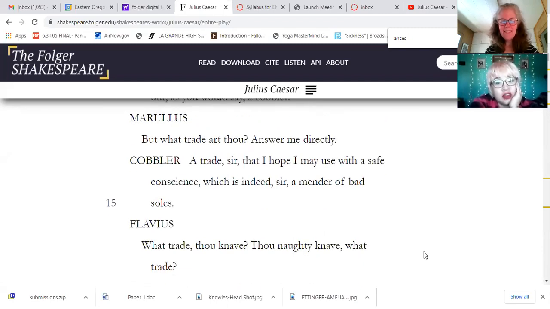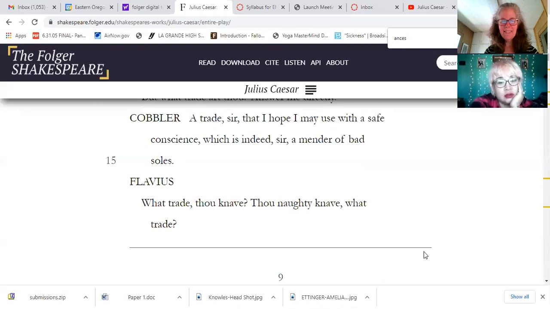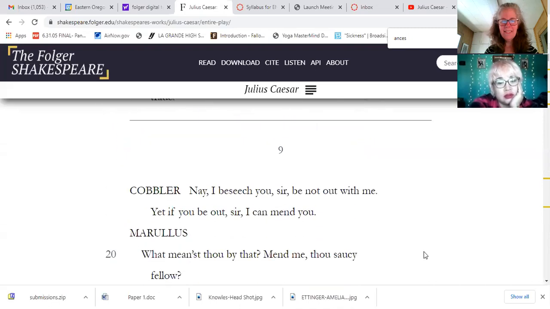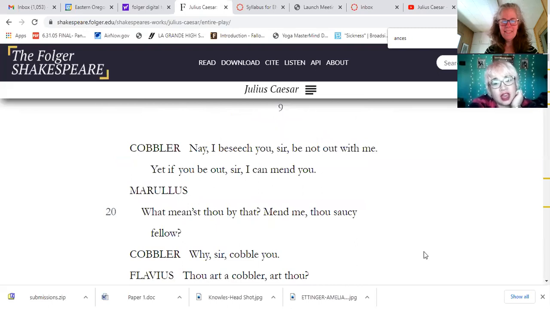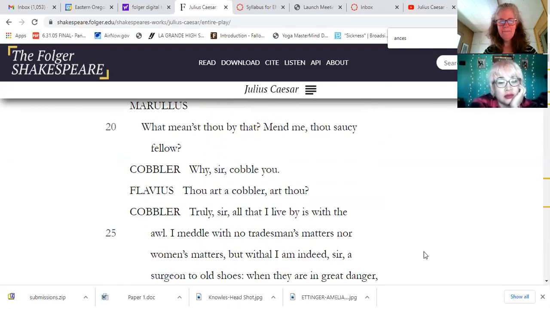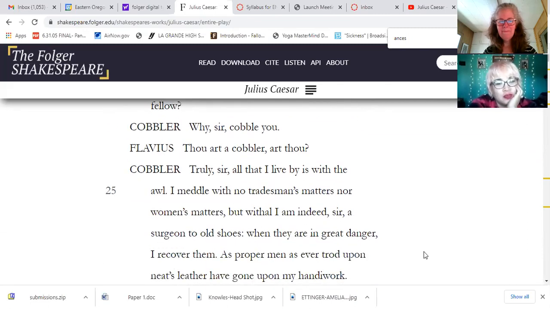A trade, sir, that I hope I may use with a safe conscience, which is indeed, sir, a mender of bad souls. What trade, thou knave? Thou naughty knave, what trade? Nay, I beseech you, sir, be not out with me. Yet if you be out, sir, I can mend you. What mean'st thou by that? Mend me, thou saucy fellow? Why, sir, cobble you. Thou art a cobbler, art thou? Truly, sir, all that I live by is with the awl.